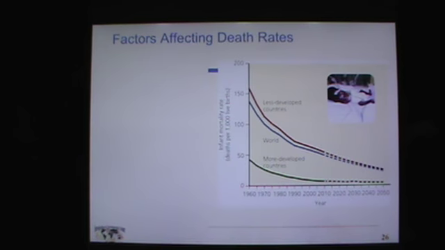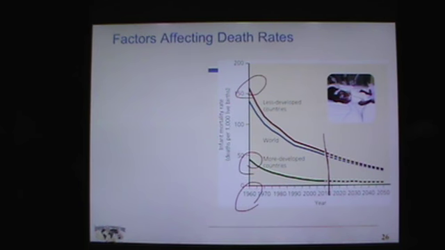So what affects death rates? We have the same sort of graphic. In this, these are less developed countries. This is infant mortality rate, deaths per 1,000 live births. Once again, this starts in 1960, but it was more than 150. In the more developed countries, about 50. And we are sitting right here, once again, middle part of this decade.